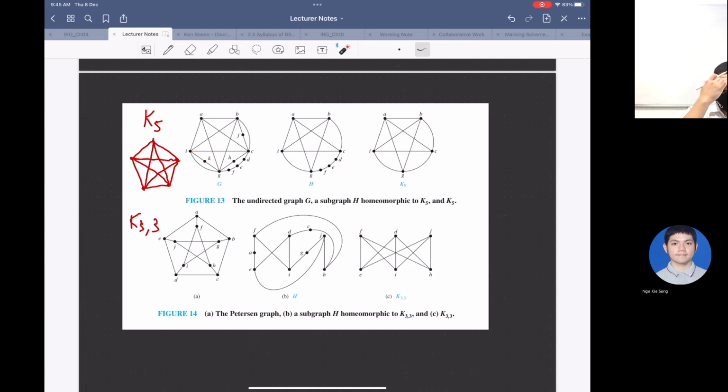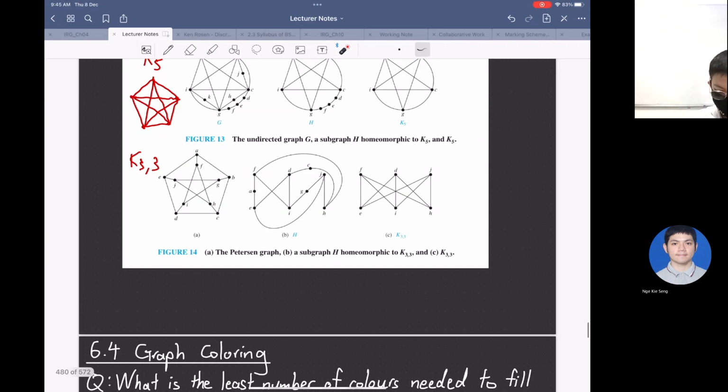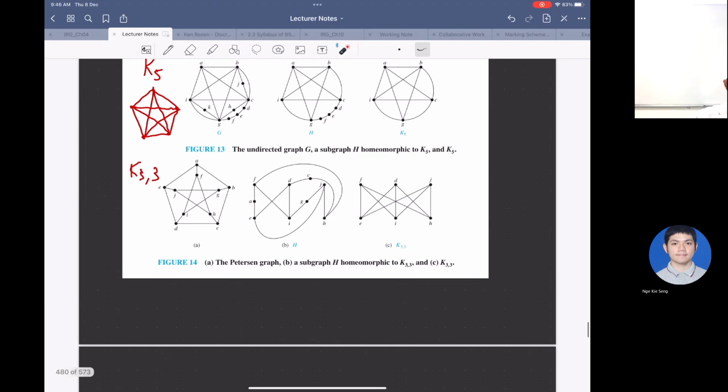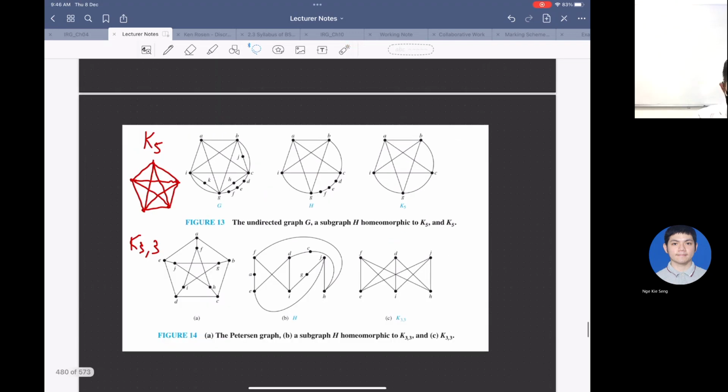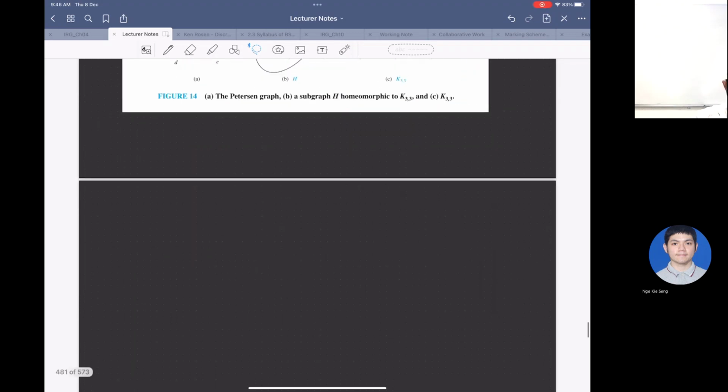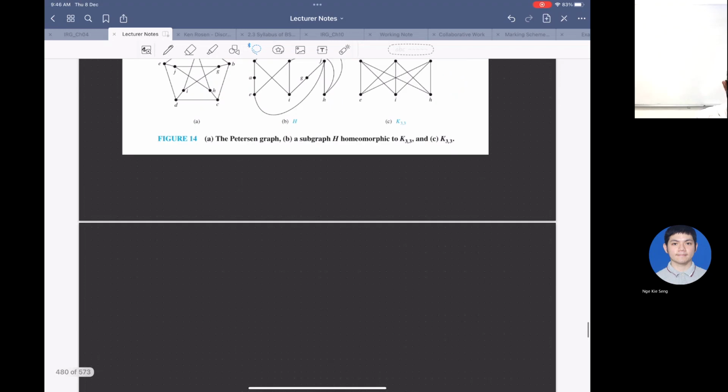Okay, let me back up a bit. Actually my method is a bit different from this textbook method. I think they look at a different subgraph.